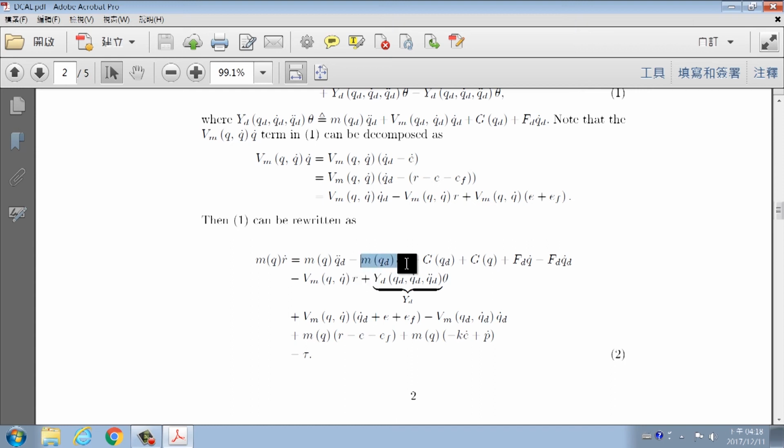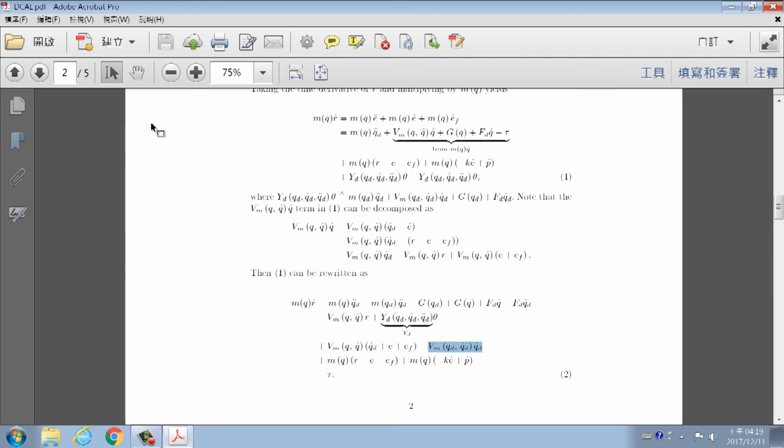This is the first term, second term, third term, and the last term is F, which is here. And for the rest, it just remains the same.